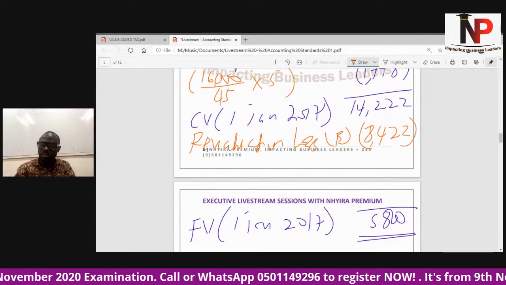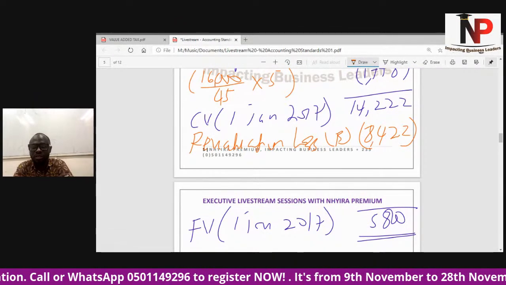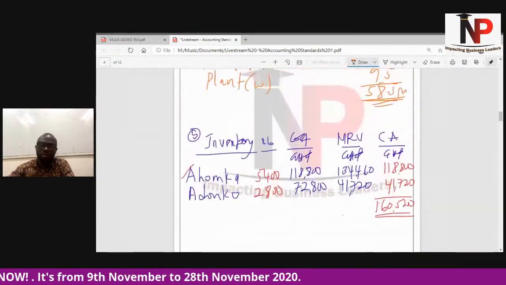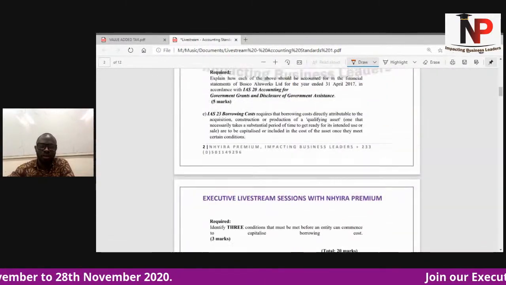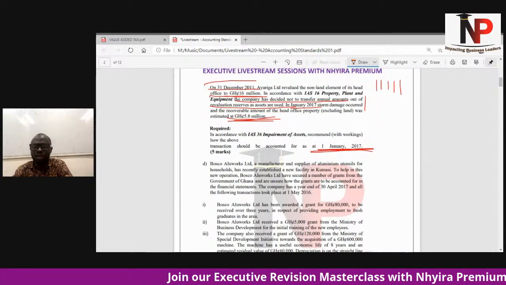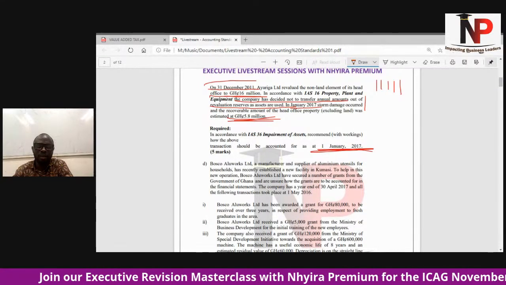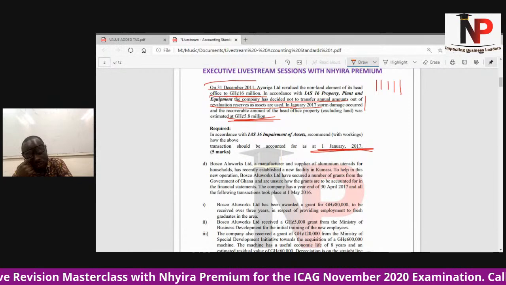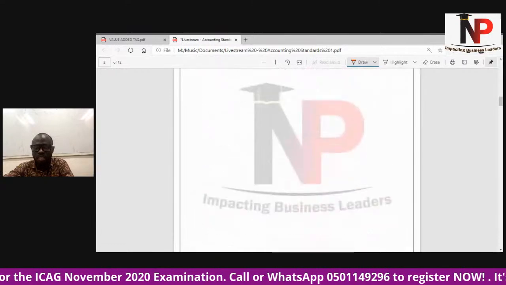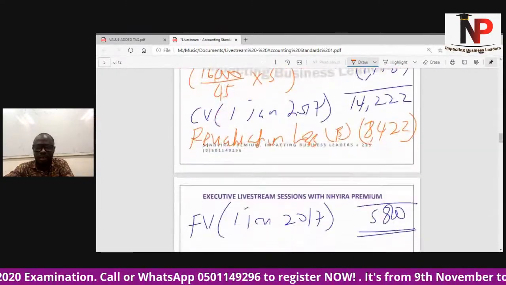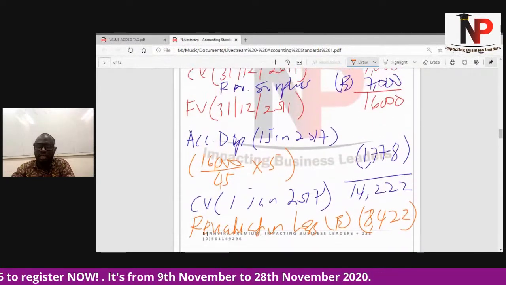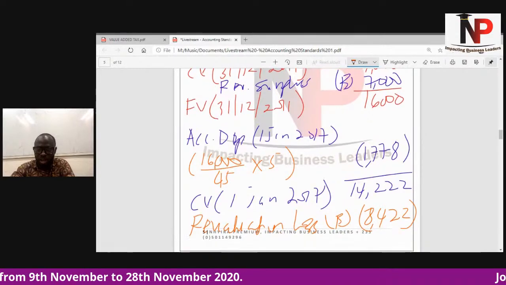So that is our revaluation loss. But remember, the requirement of the question is very important. You need to understand what is going on in the requirements before you jump ahead and say you are done. It says, in accordance with IAS 36, Impairment of Assets, recommend with workings how the above transaction should be accounted for as at 31st January 2017. So as at that date, we are getting an impairment or a revaluation loss of 8,422. But remember, this asset already has a surplus of 7,000 somewhere.